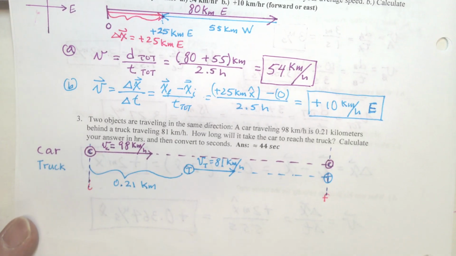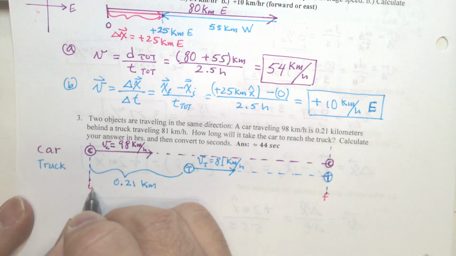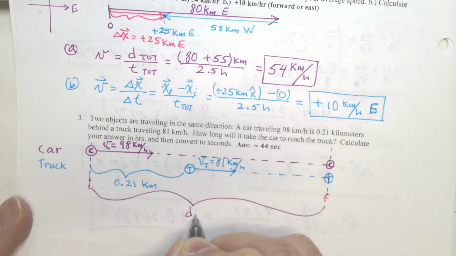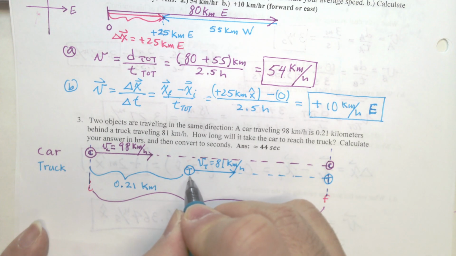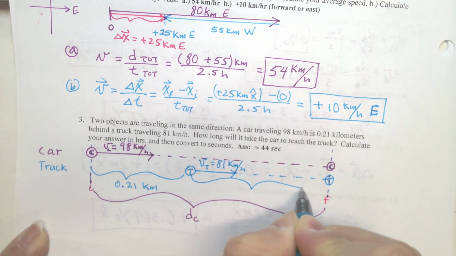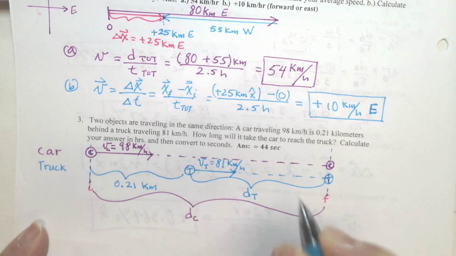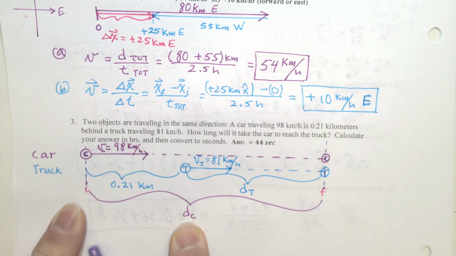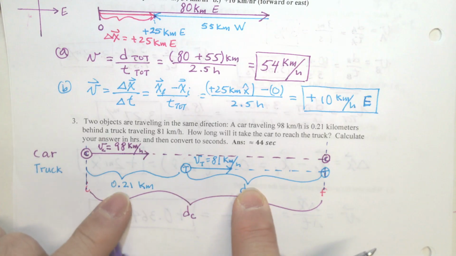So the distance that the car travels and the distance that the truck travels are going to be different, but the distance for the car is the same as the distance of the truck plus that 0.21 kilometers.